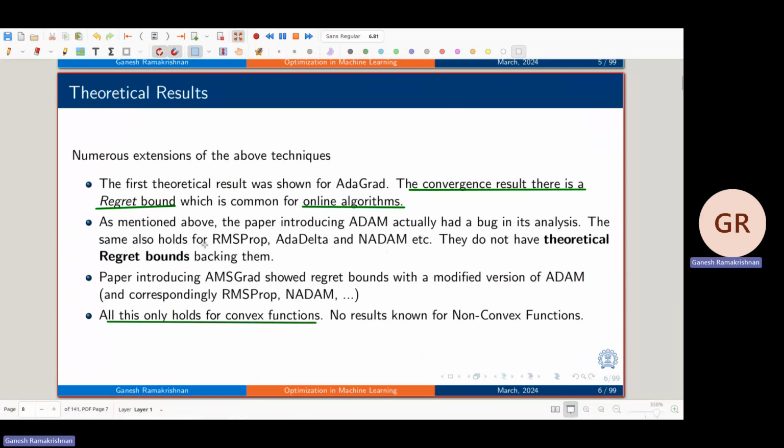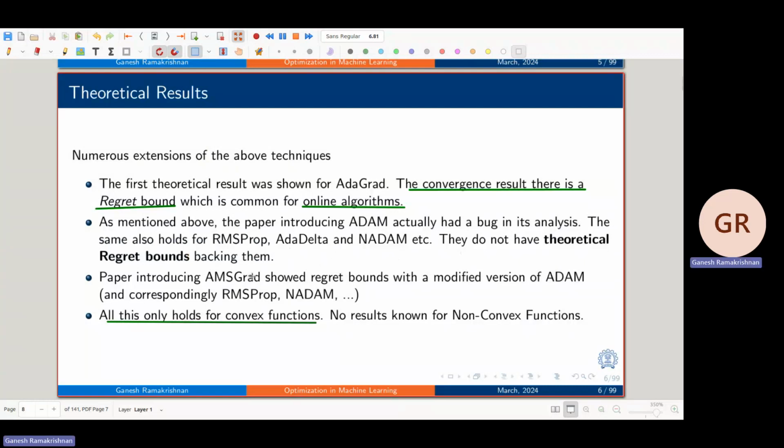So yeah, there was also a bug. ADAM had a bug in its analysis, and it in fact carried forward to the others. And so they didn't have theoretical regret bounds backing RMSProp, AdaDelta, and NADAM, but then ADAM had that.